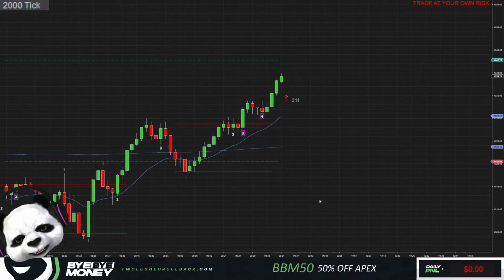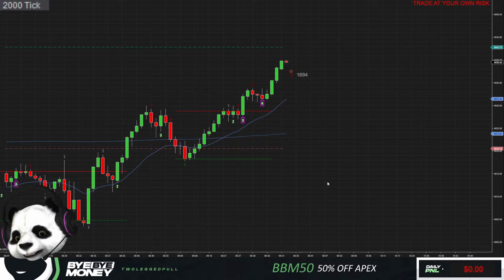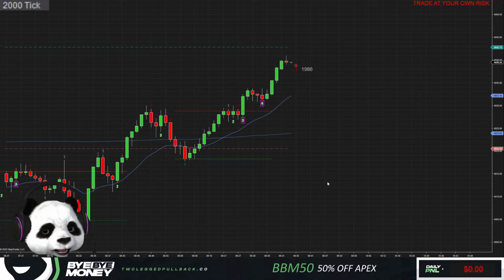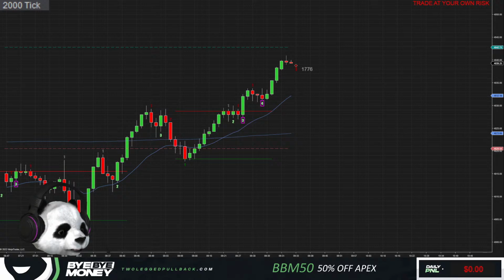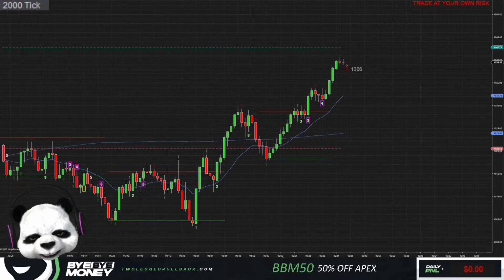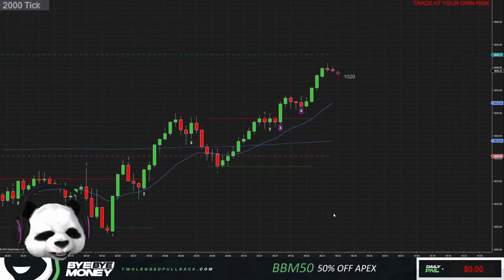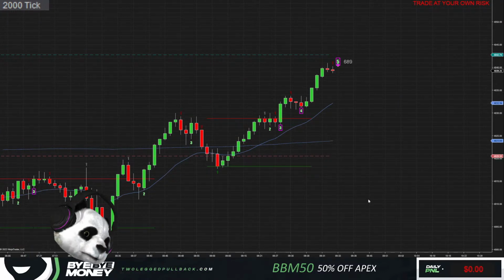I'm not an economist. From all historical definitions in the past, we've pretty much used two negative GDP quarters as an indicator of recession.